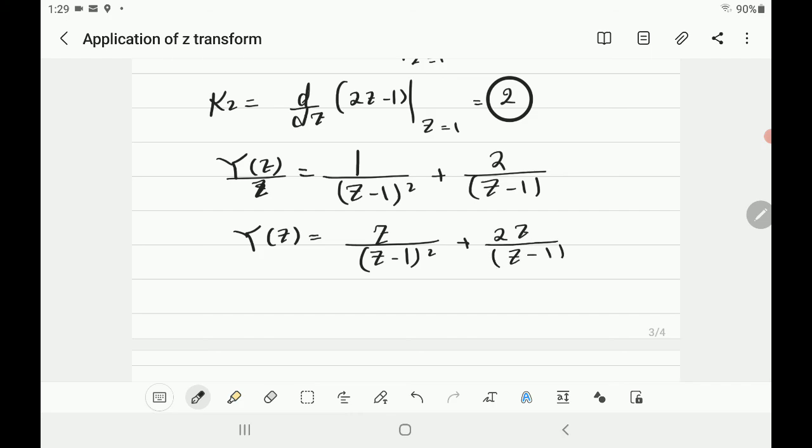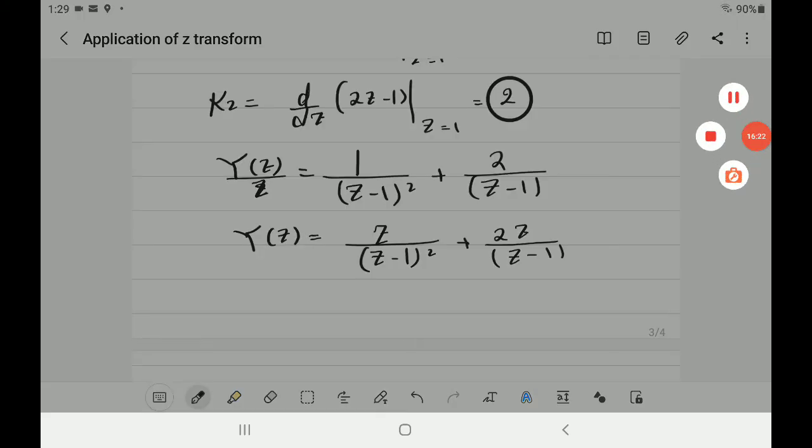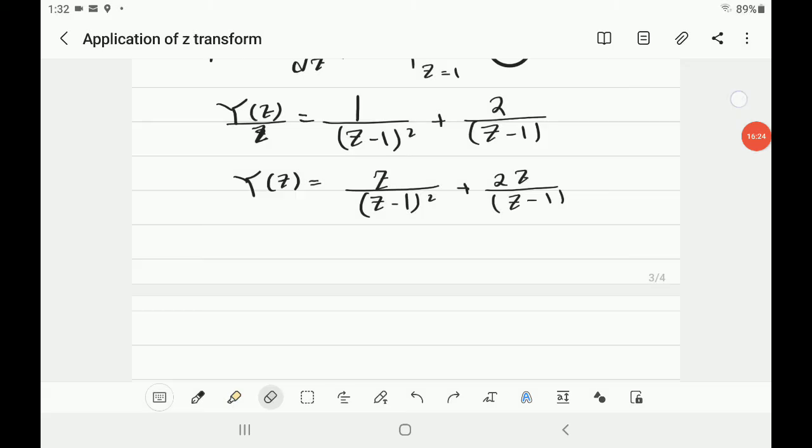All right, so now what do you have? You have y of z as we found from partial fraction. Now you look at the table and try to find the inverse. So you will have y of n equal to this.